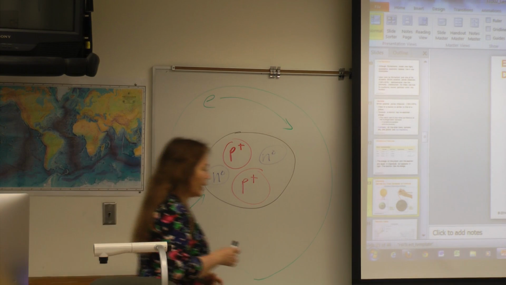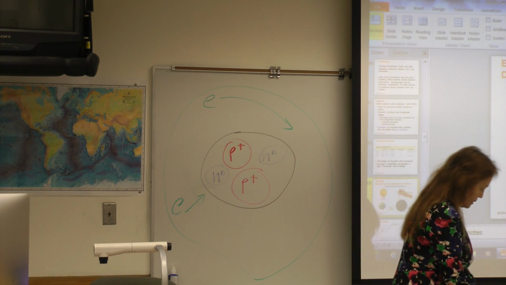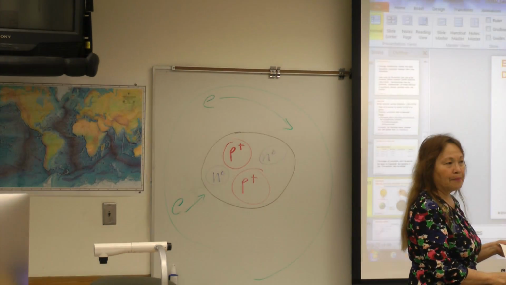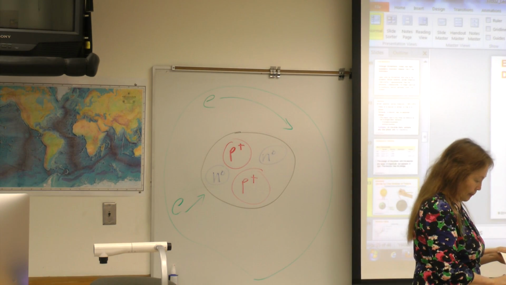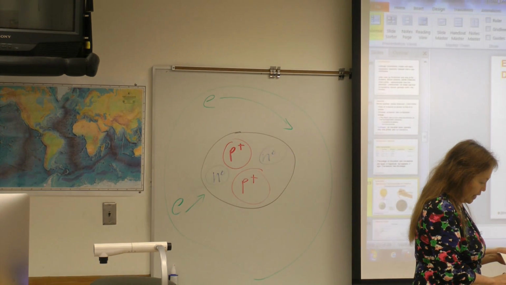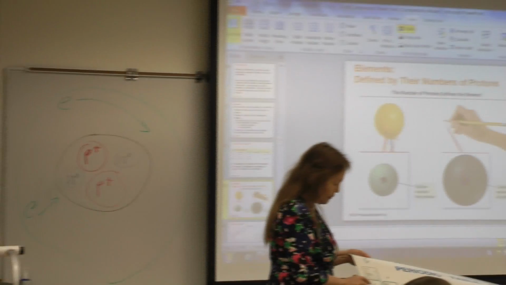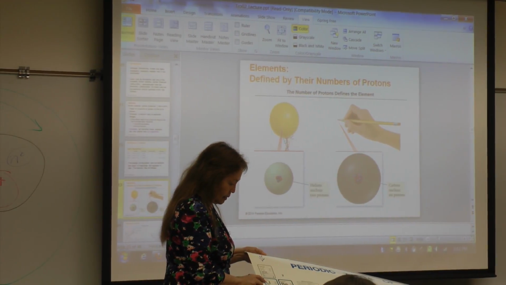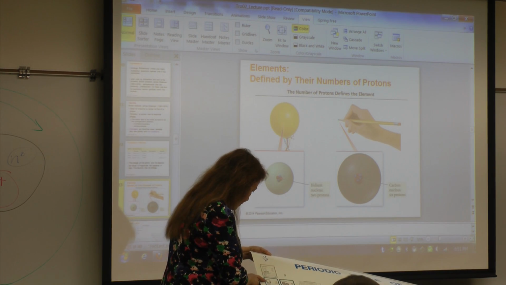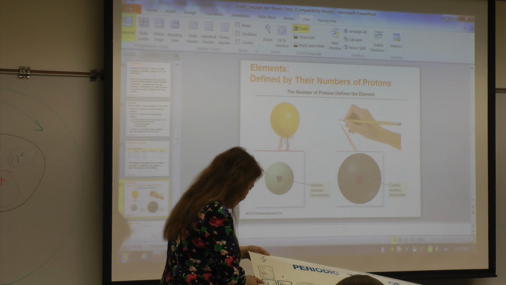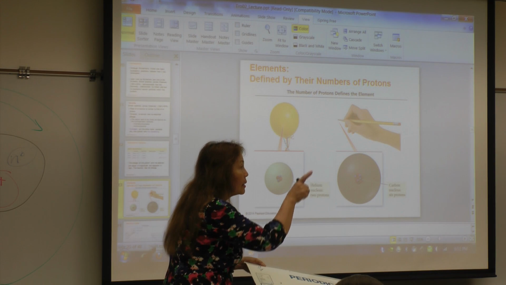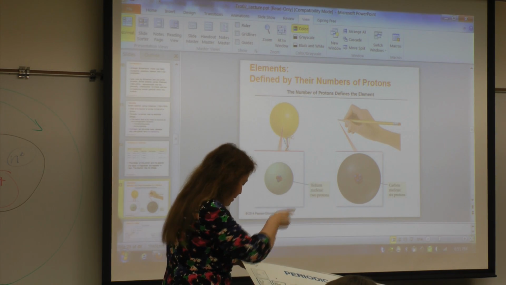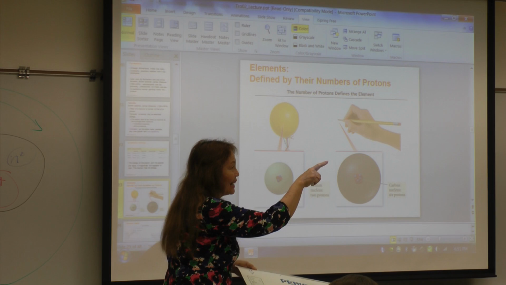So if we look at an element, say, lithium, Li, they are defined by their number of protons. So lithium there, it says 3, right?